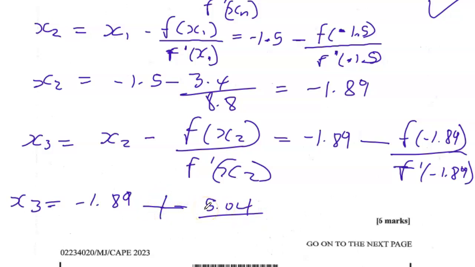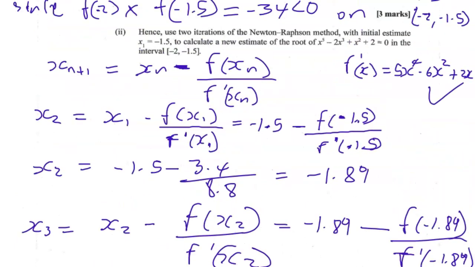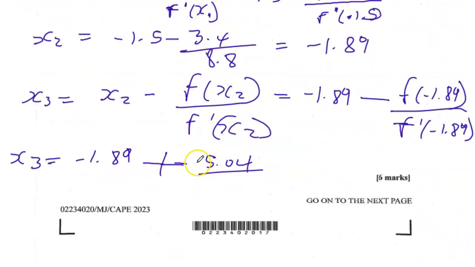And when I substitute negative 1.89 in the derivative f prime x, in the denominator, we're getting 38.59, and this calculated is actually negative 1.76.